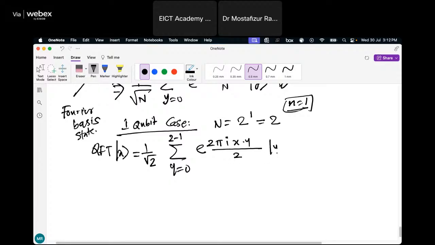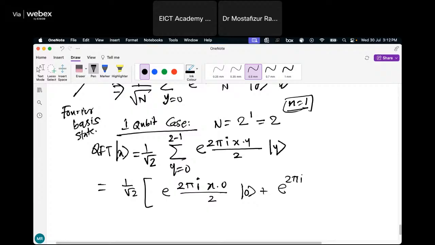If we break the summation into two parts, y equals 0 and 1, then it becomes 1 upon square root 2 times e to the power 2 pi i x into 0 by 2, ket 0, plus e to the power 2 pi i x into 1 by 2, ket 1.